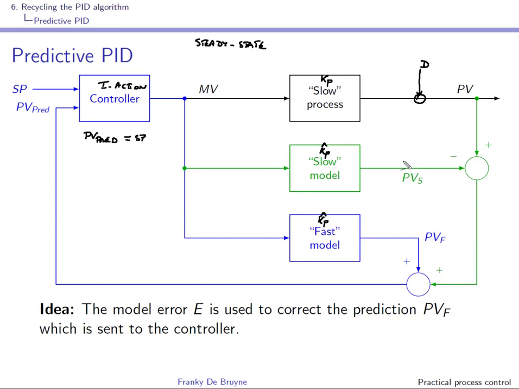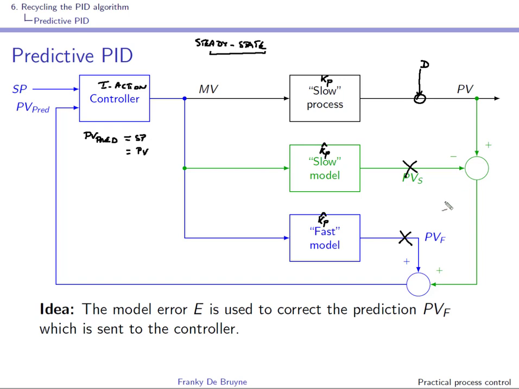So this one and this one will cancel out, right? And it's therefore very important, of course, that the gain in the slow model is equal to the gain in the fast model, otherwise they would not cancel out, right? But if the two gains are the same, well, we can see here that the predicted PV is the set point, but is also equal to PV, of course, in steady state.